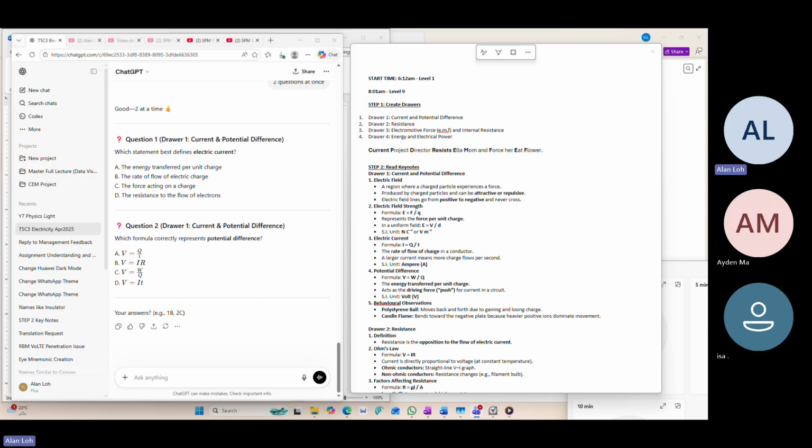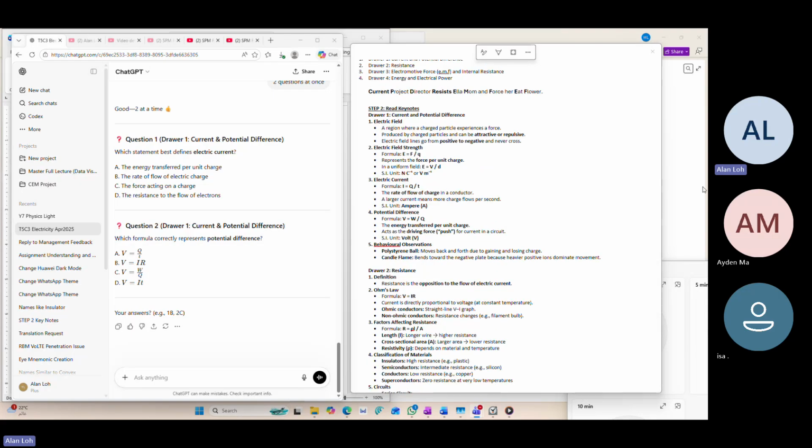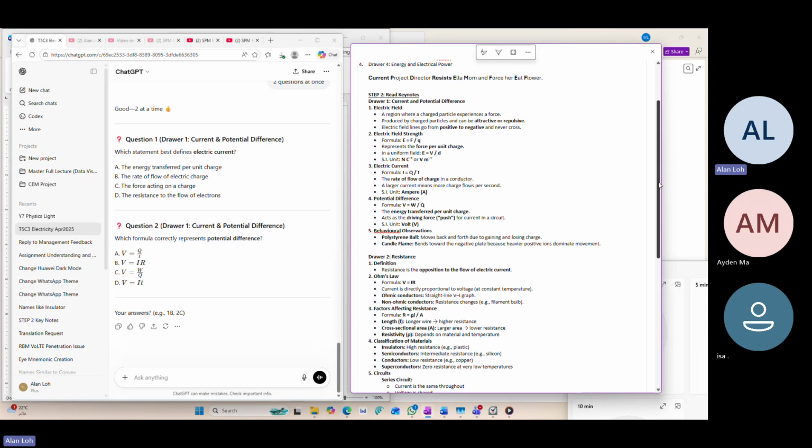Let's do it. Aiden, Singling, I see Singling is typing, which is good. Question 1 was the answer. Question 2 was the answer. You can use this as a reference, key notes. B and C. What about Aiden?